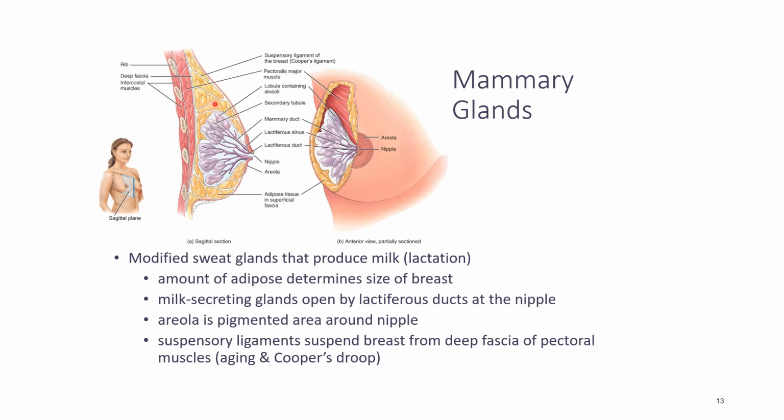If you think back about sweat glands in the integumentary system, many of those eccrine sweat glands reached into the hypodermis, and so this is the reason why mammary glands are considered a modified sweat gland, because it is still connected to the skin, and the gland itself grows into the hypodermis. So the milk production is coming from lobules.